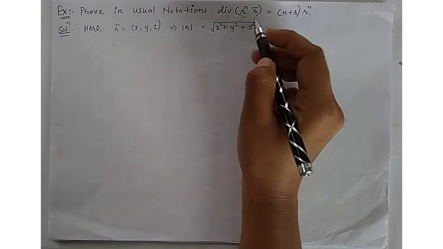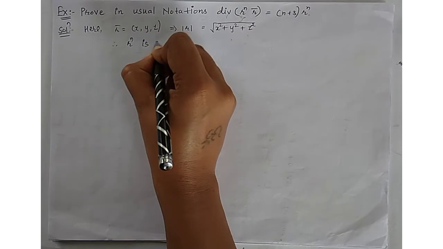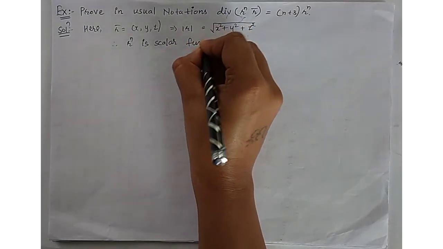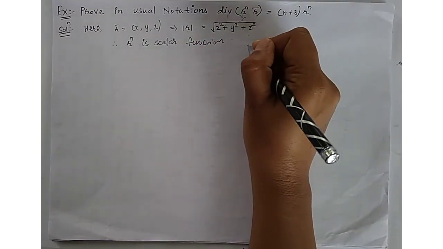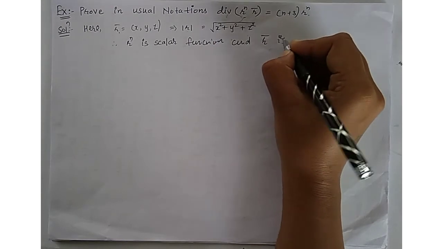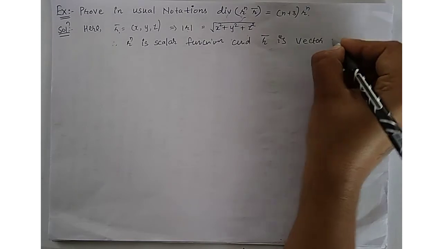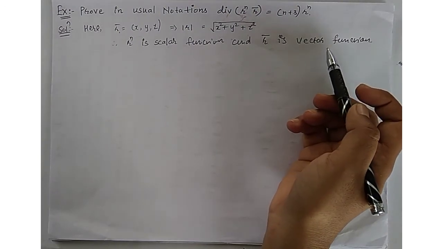The root gets cancelled, so r to the power n is a scalar function, and this r bar is a vector function. So for a scalar function and a vector function, I have some result.